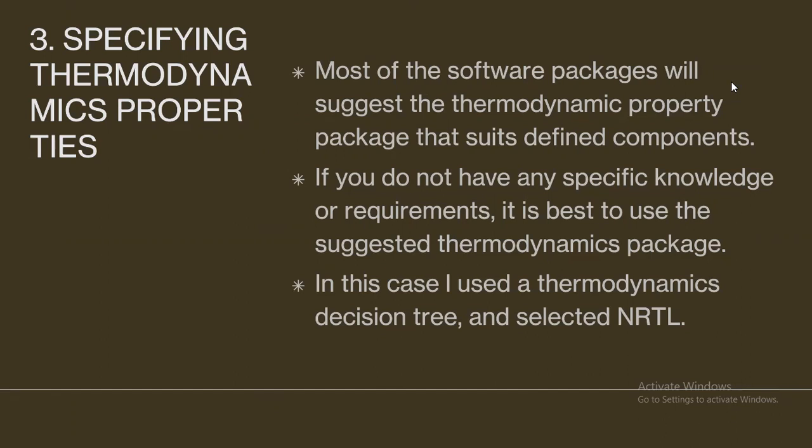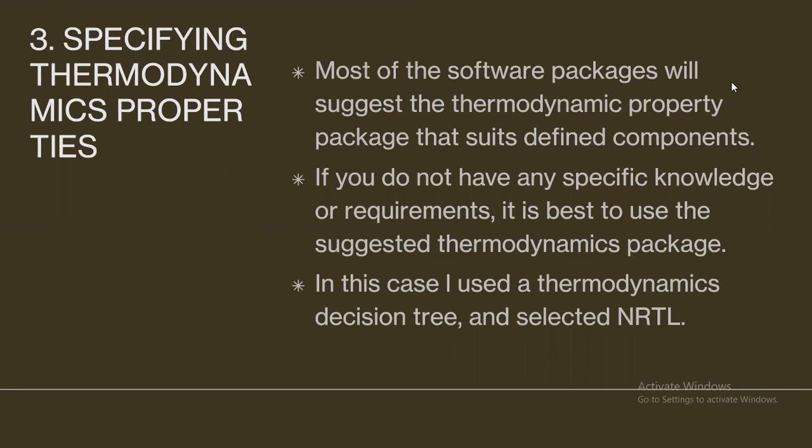But in this case, I used the thermodynamics decision tree, and I selected NRTL, which is the non-random two-liquid property package. And I spoke about how to use a decision tree to select a thermodynamics model in my previous lecture. So I won't do it here.